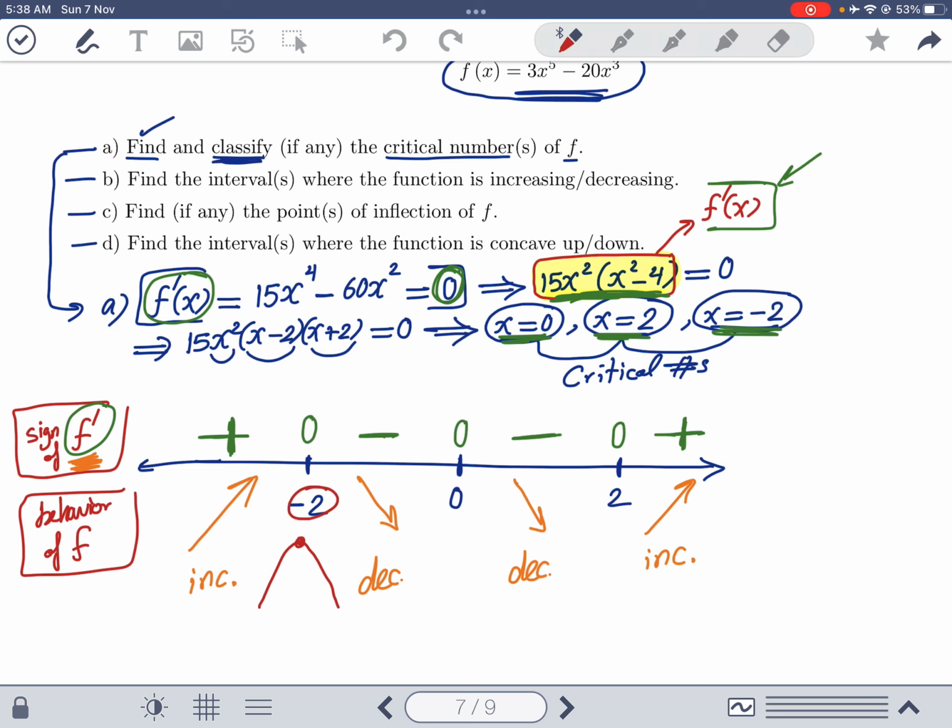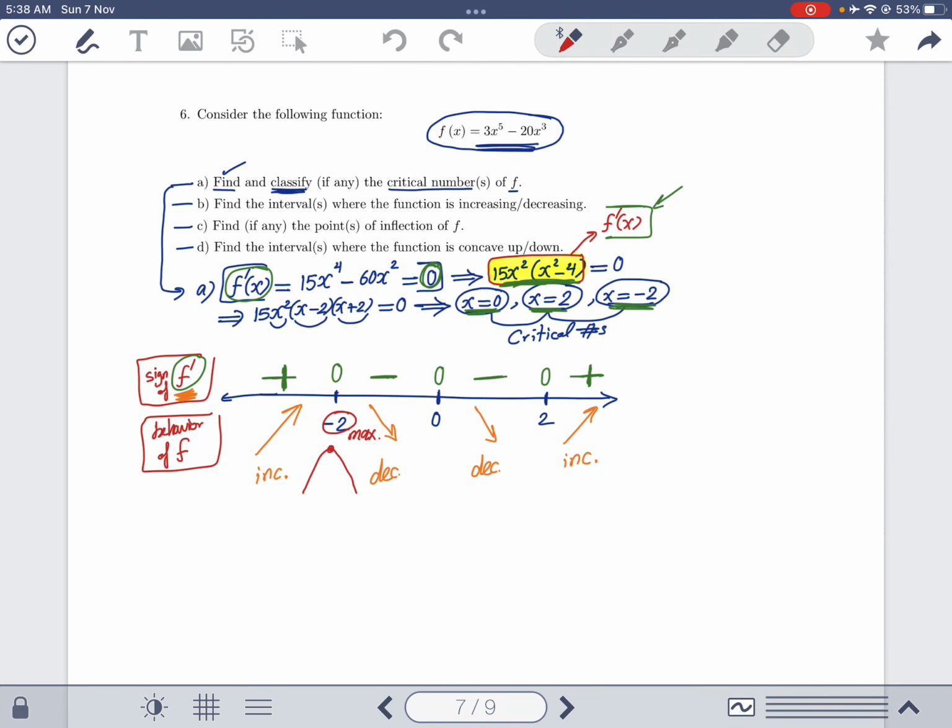So we have a maximum here when x is -2. And when x is 2, notice, decreasing then increasing after it. So at 2 we have a minimum. At 0, notice that it's decreasing before 0 and decreasing after 0. So it's neither maximum nor minimum. And so this A is done.